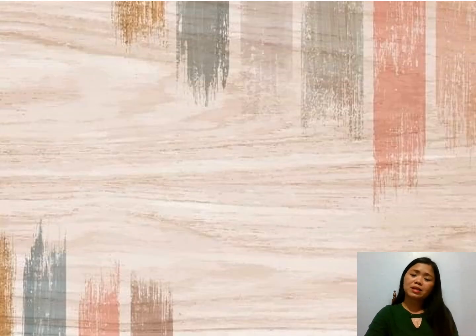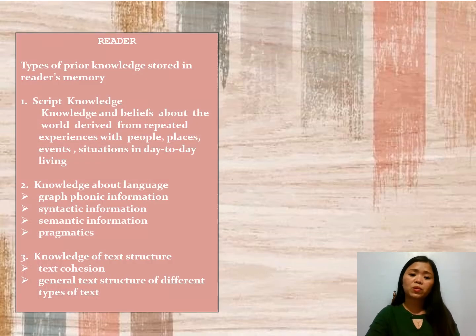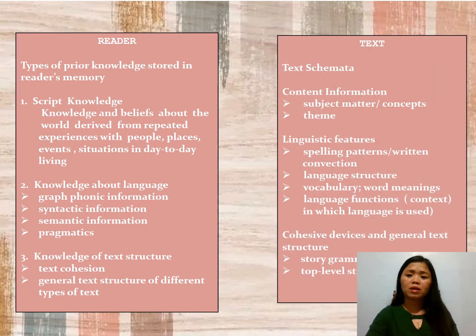Now, let us take a look at this figure. The first one is the reader, and the second one is the author, which is represented by text, which brings his own set of schemata to the reading process.